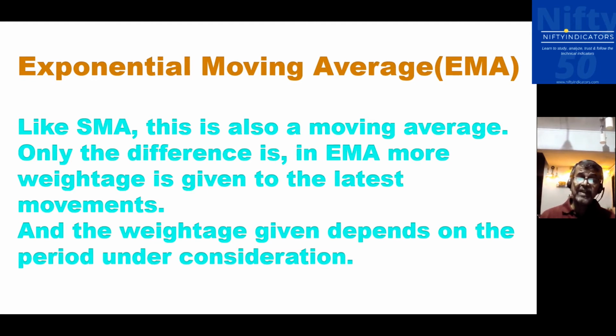Because the multiplier we are using is 2 divided by 10 plus 1, which is 2 divided by 11, that is 18.18%. So it has that much additional weightage to the latest move. That's all. That is the exponential moving average.